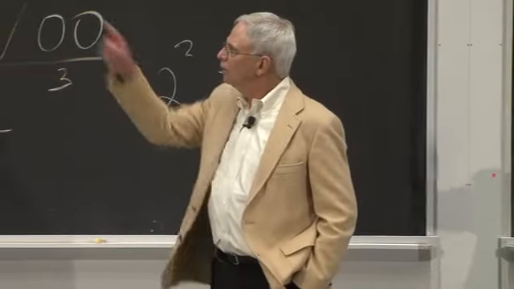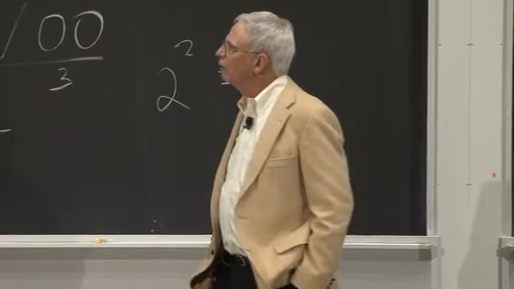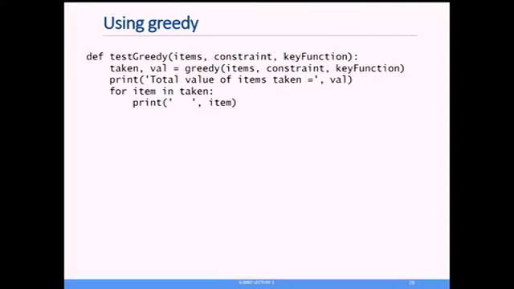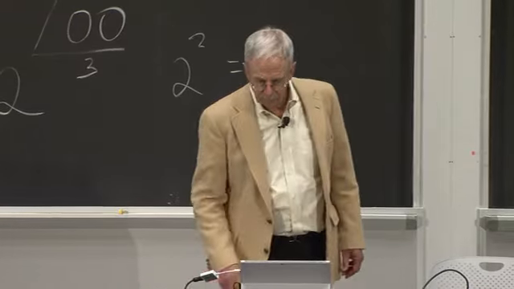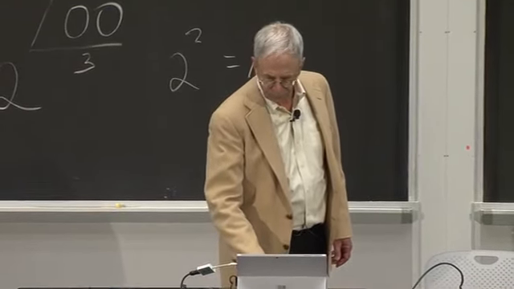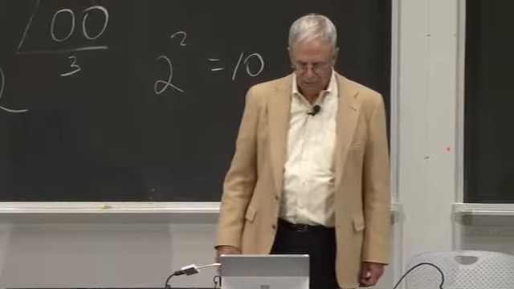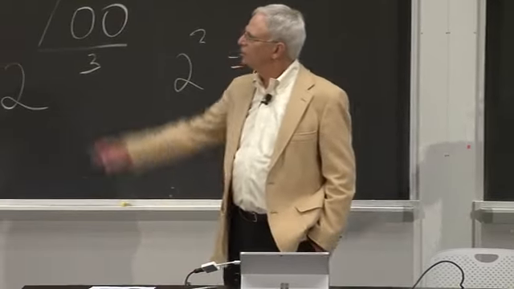All right, here's some code that uses greedy. Takes in the items, the constraint, in this case will be the weight, and just calls greedy with the key function and prints what we have. So we're going to test greedies.